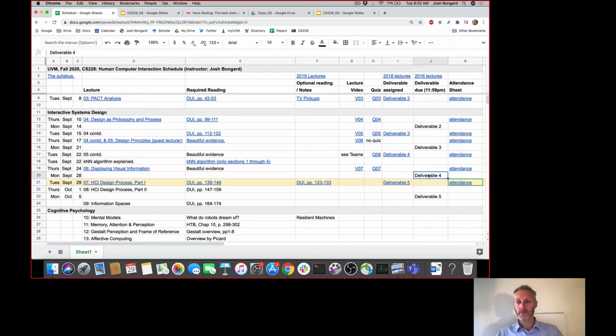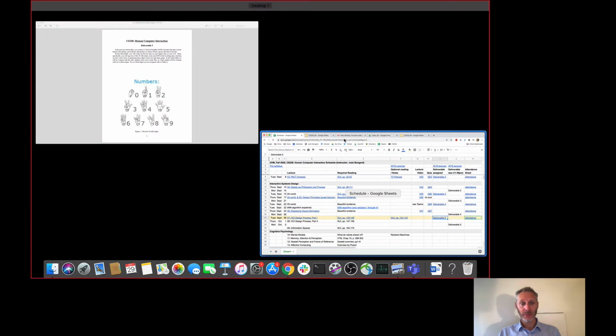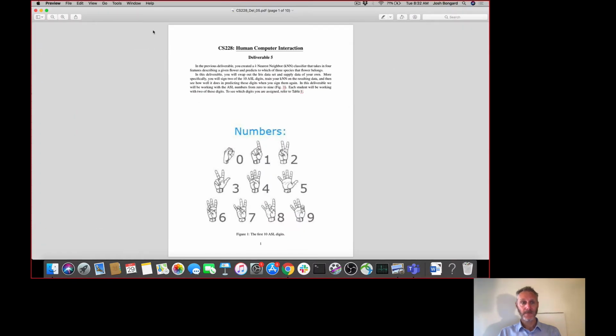All good? Okay, so you're moving on to Deliverable 5 today. As I mentioned a few times, just to keep the big picture straight in your mind before you dive back into the details: in Deliverables 1, 2, and 3, you were setting up some code that was able to grab a frame of data from Leap Motion and store it in a 3D tensor, right?